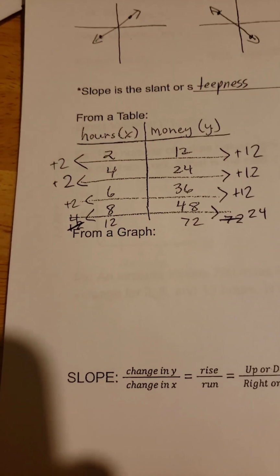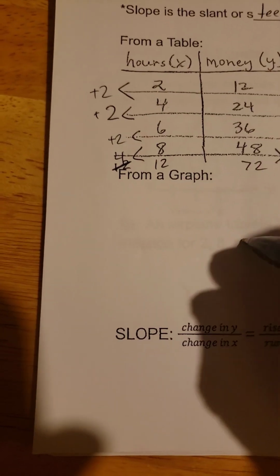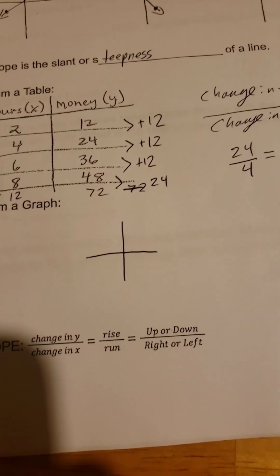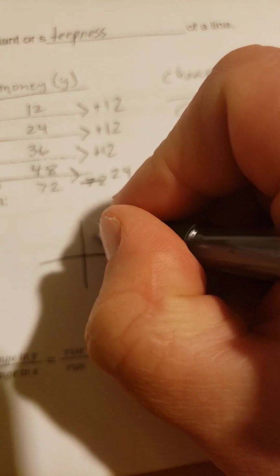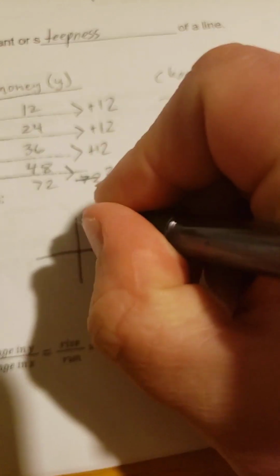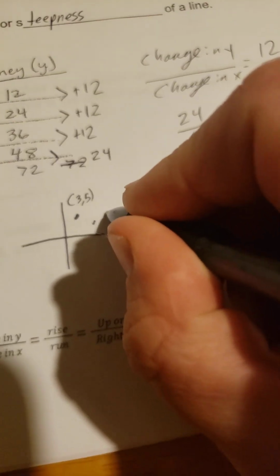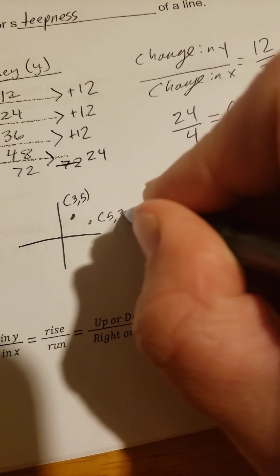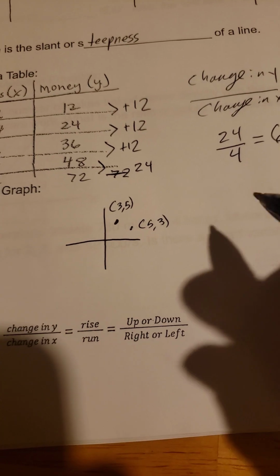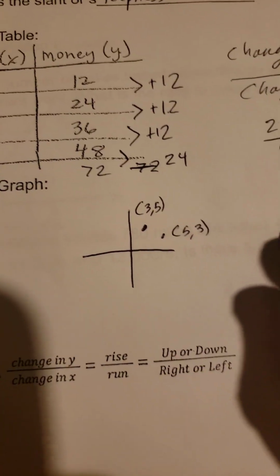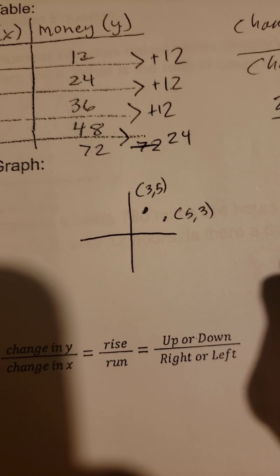If we're looking at a graph, from a graph, you pick 2 points on the graph. Say I have (3, 5) and (5, 3). Then literally I can make an XY table here and go, my X's are 3 and 5.